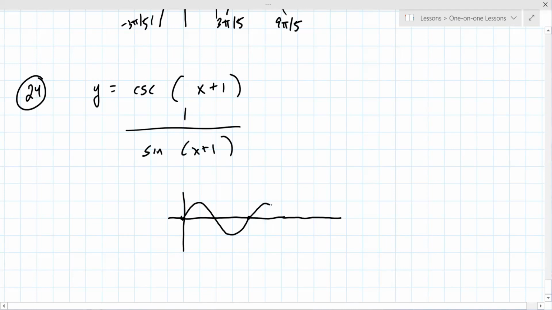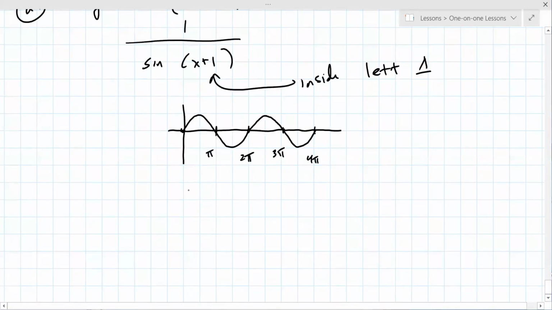This is at 2 pi, this is at 4 pi, and this is at pi, and this is at 3 pi. But this plus 1 inside here, because it's inside, it means we're going left 1.